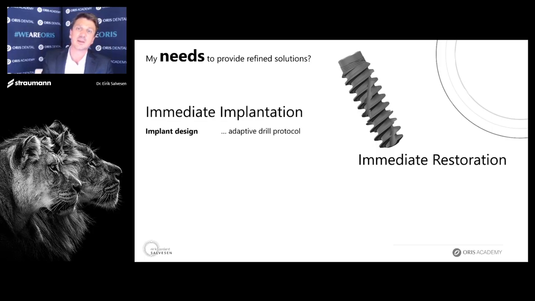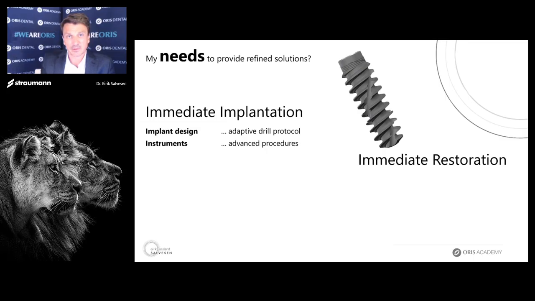To me, for immediate implantation, I need an implant design that gives me the option of having an adaptive drill protocol. To me, this means fully tapered implants, so that I'm able to make a smaller osteotomy in soft bone, or that I'm able to work in extraction sockets without doing the complete drill protocol. Those are important issues for me.